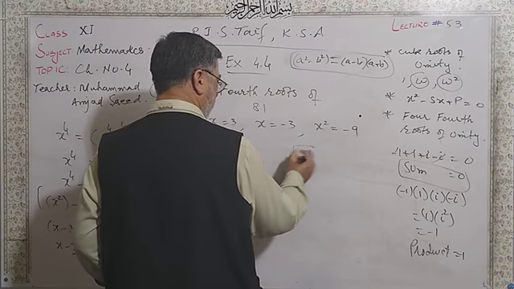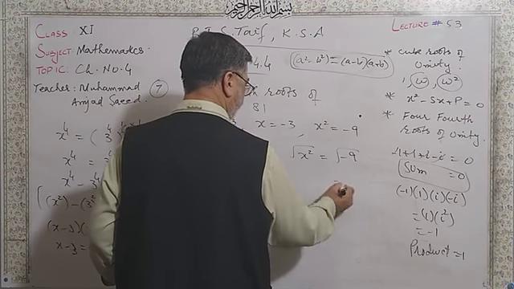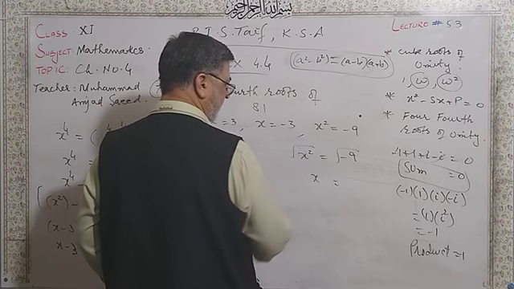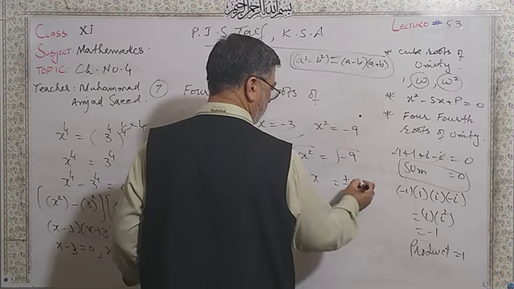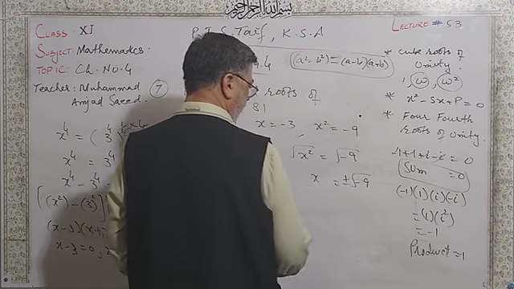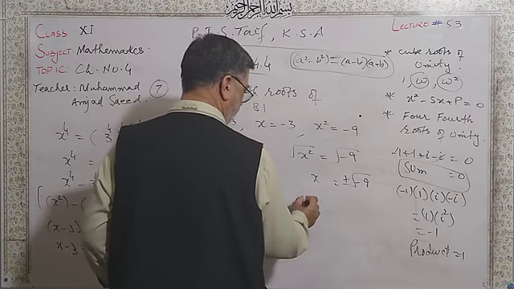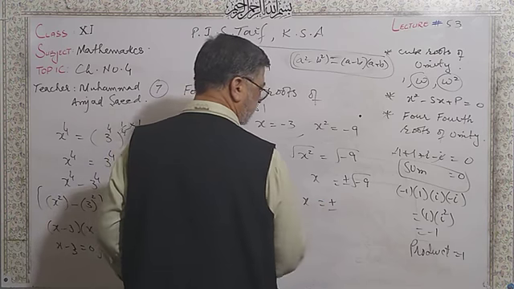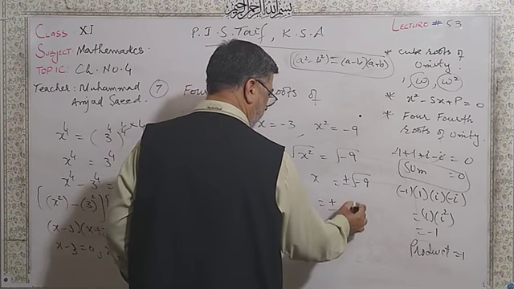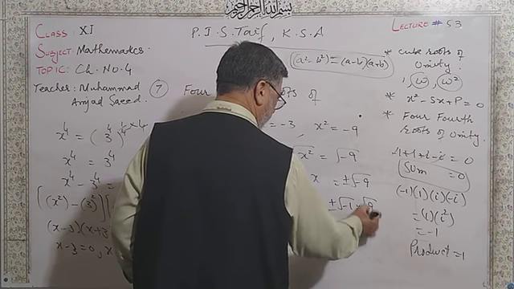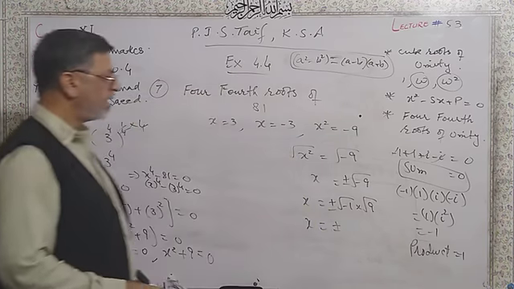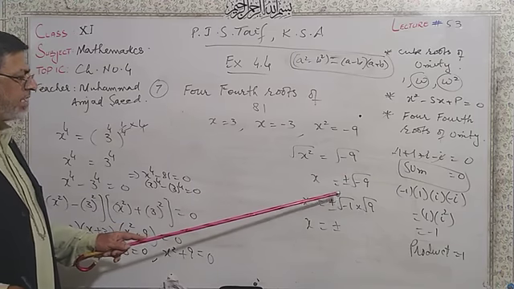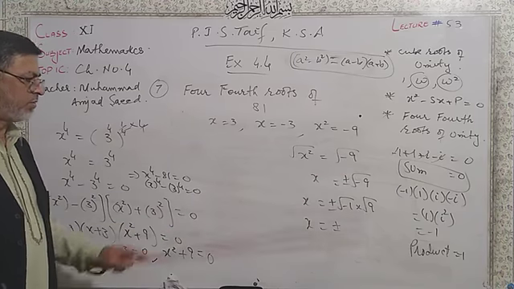Now taking square root on both sides, 2 and square root are cancelled out. Here will be plus minus 9 under root. Remember that this will be plus minus. You can write down minus 1 under root into 9 under root.